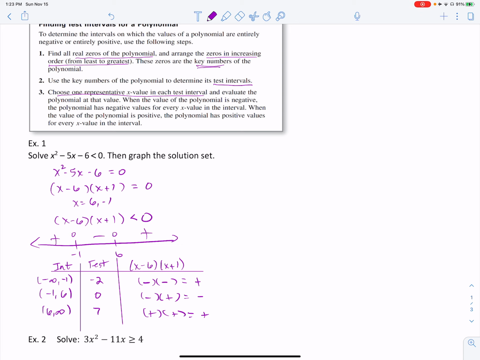And these are my key numbers. And if I think about this, this is a polynomial. It's a positive 1x squared.